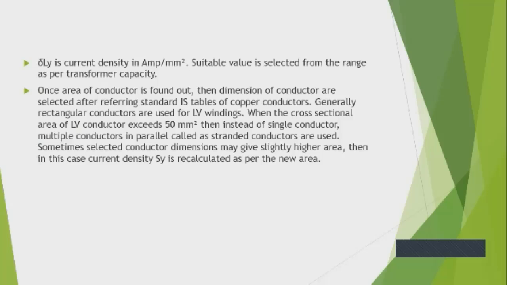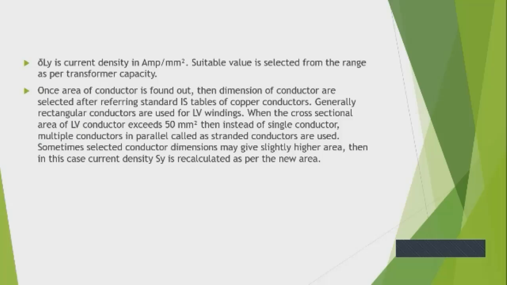Once area of conductor is found out, then dimensions of conductor are generally selected after referring to standard IS tables of copper conductors. Generally rectangular conductors are used for LV windings.